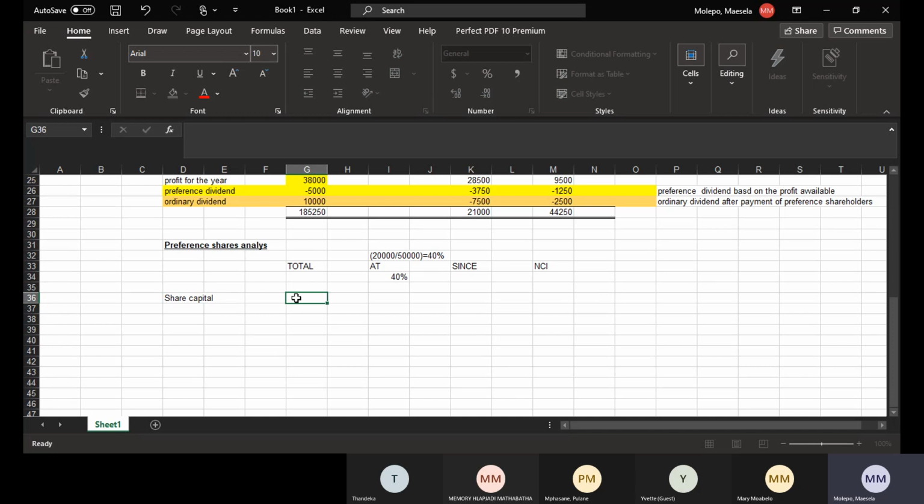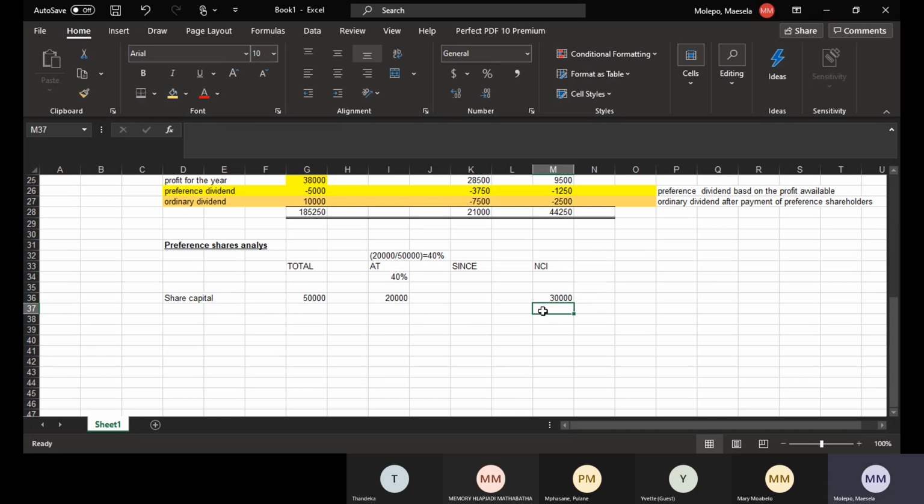The share capital as shown in the books of S was sitting at 50,000. On top of that, we acquired only 40%. So 50,000 times 0.4 equals 20,000. So we are only entitled to 20,000. The remaining 30,000 must go to the NCI.